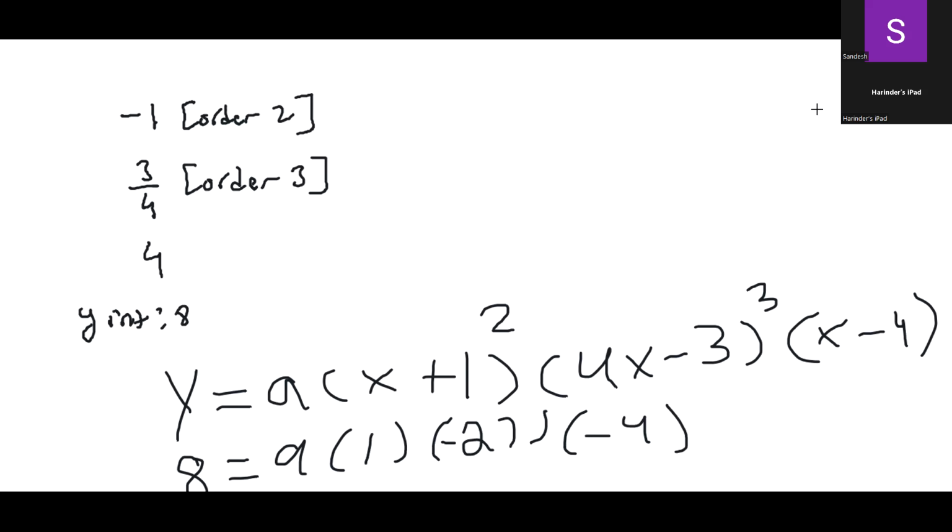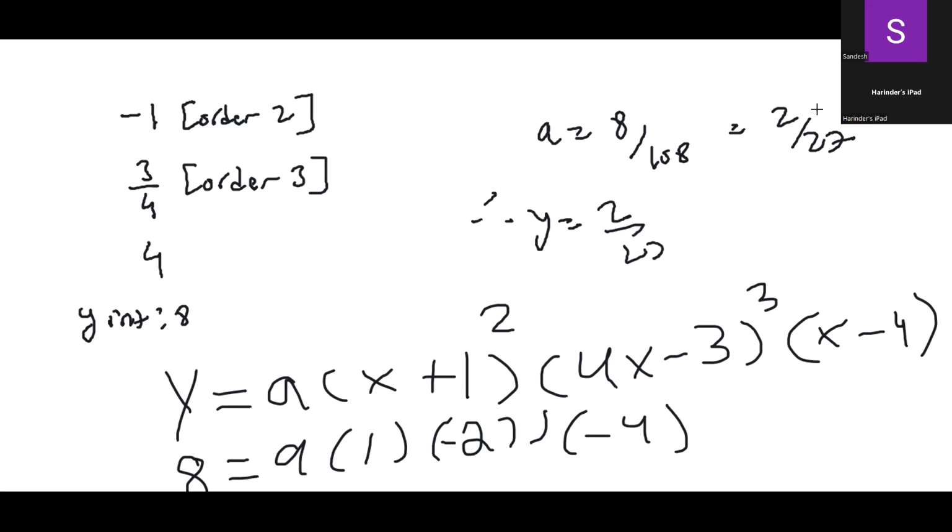So negative 27 times negative 4 is 108. So therefore A is 8 divided by 108, which reduces to 2 over 27. Therefore the equation is 2 over 27, and then whatever you wrote there, 4x minus 3 cubed, x minus 4.